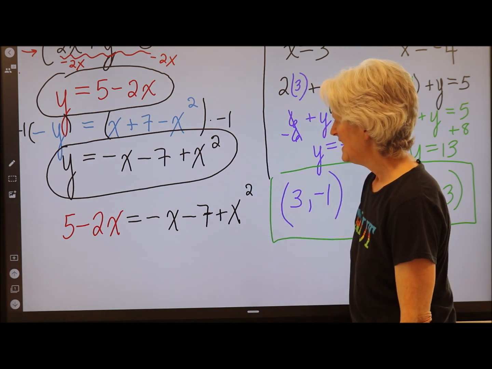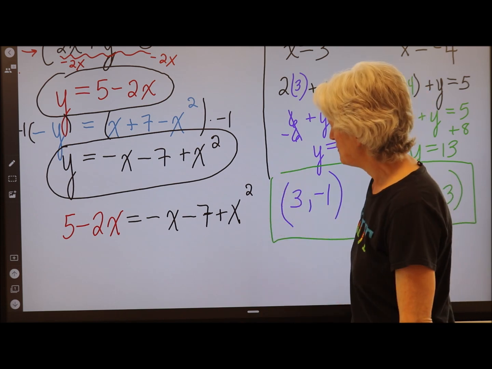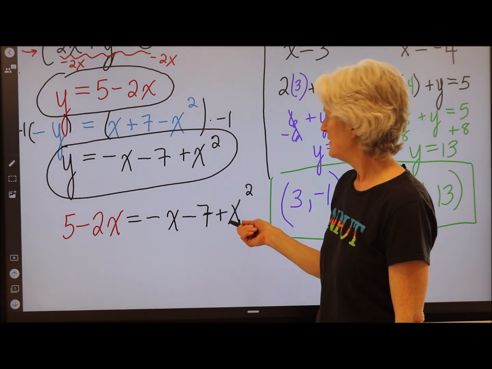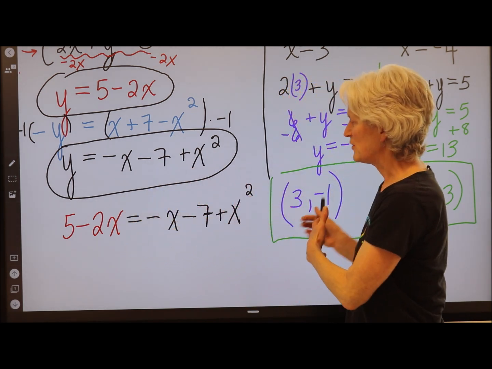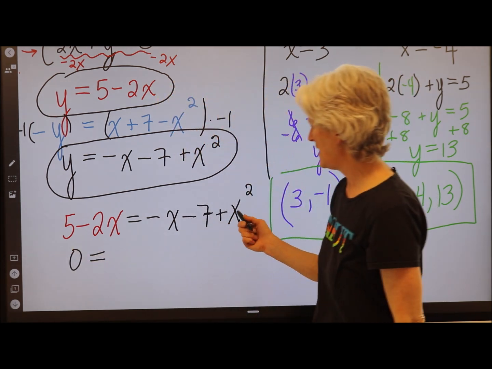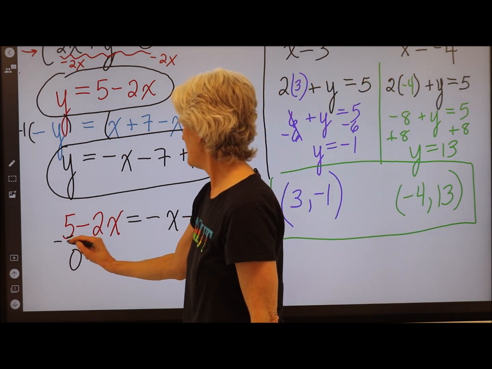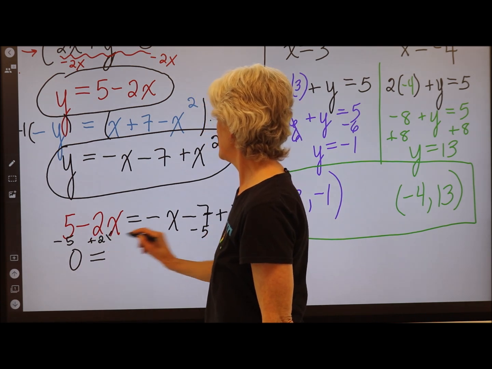All right. Now this might look weird, but I'm going to do what I did before. I'm going to identify my x squared, right? I want to bring everything over with the x squared and set it equal to 0. I'm going to put the 0 over there because I want my x squared to be positive. So I'm going to subtract 5 from both sides and add 2x to both sides.